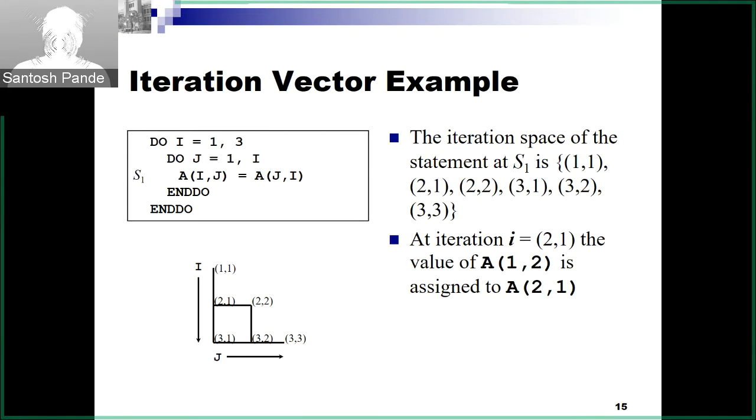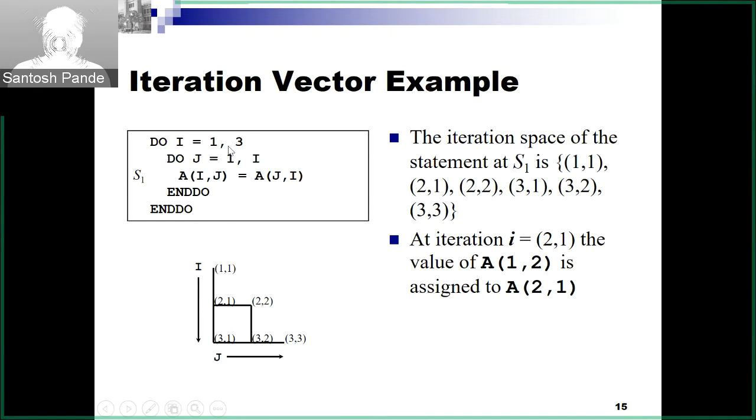If you do that for this example, you can see that the outer loop I and inner loop J execute in a particular way. The first outer loop I is equal to 1, and immediately it goes into the inner loop, J. J is equal to 1. And so (1, 1) is the iteration vector that is generated here.